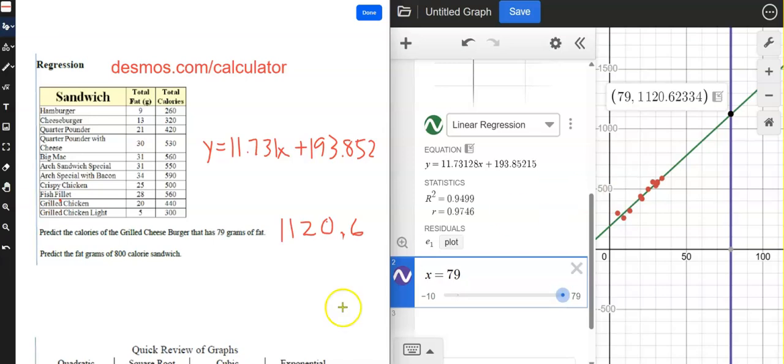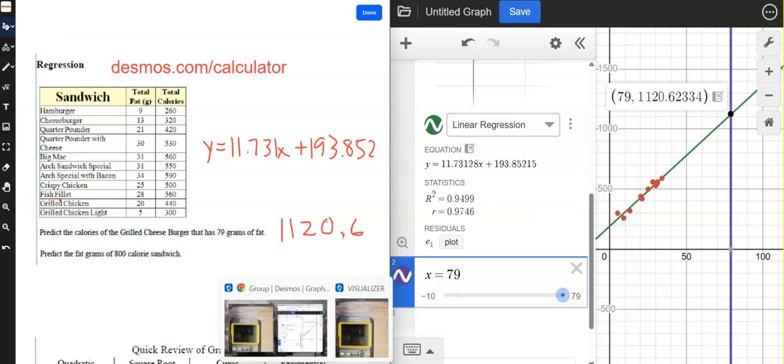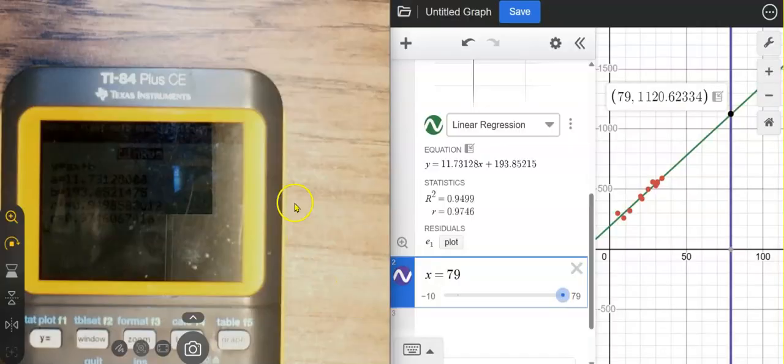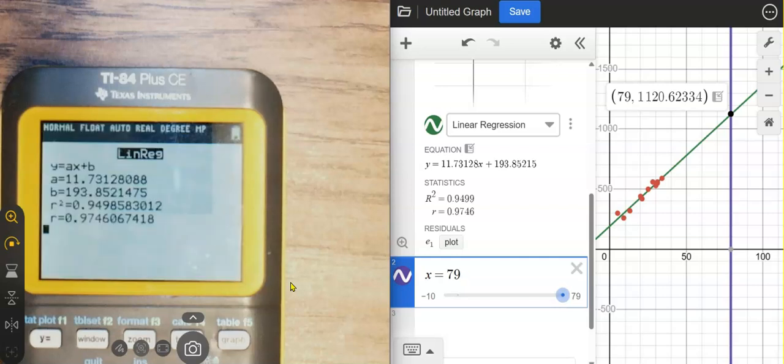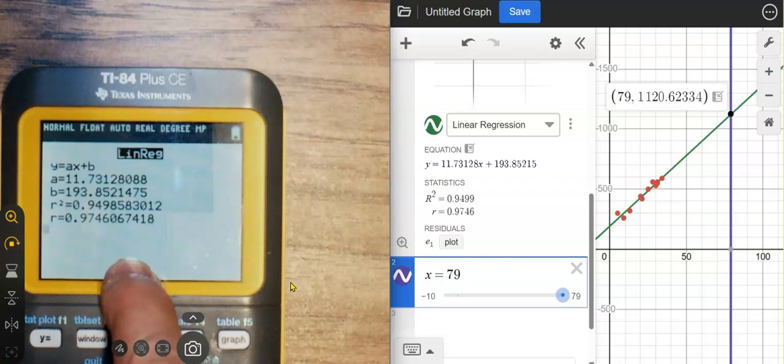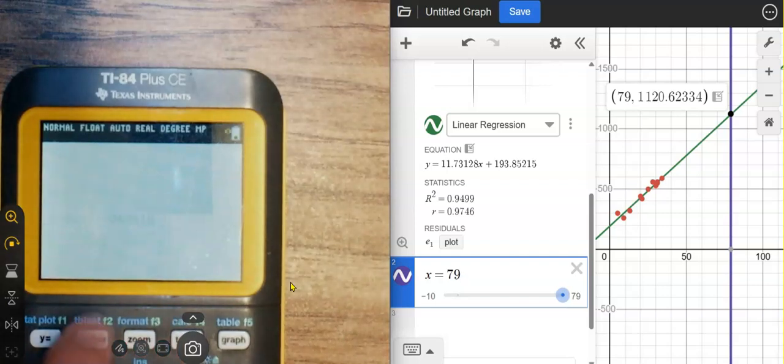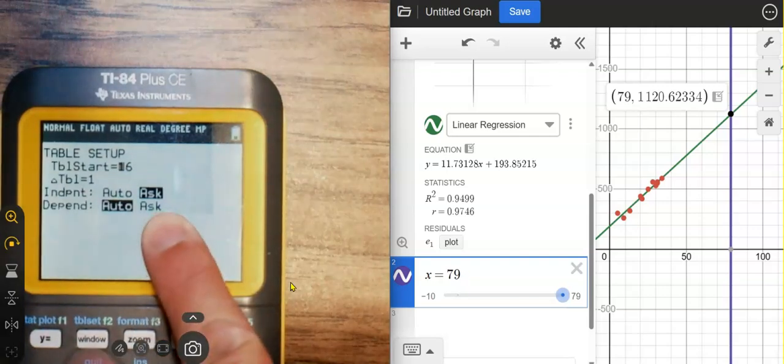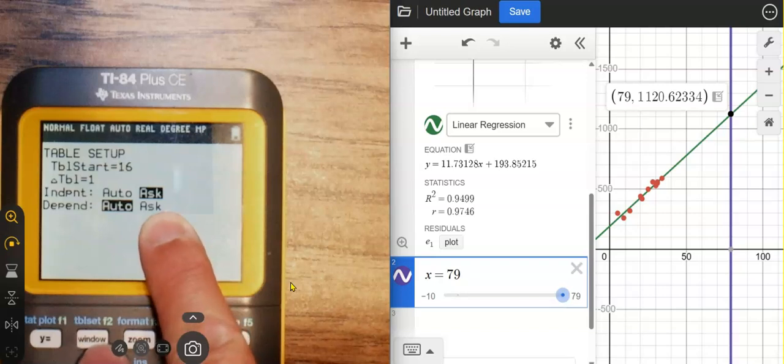If you're dealing with the graphing calculator, I would use the table feature. So for instance, I would go to the table setup feature, which is right above the word window, and I would change that independent variable to ask.